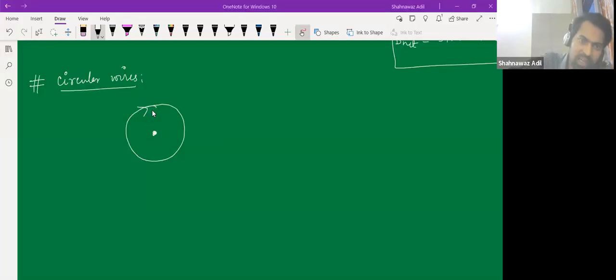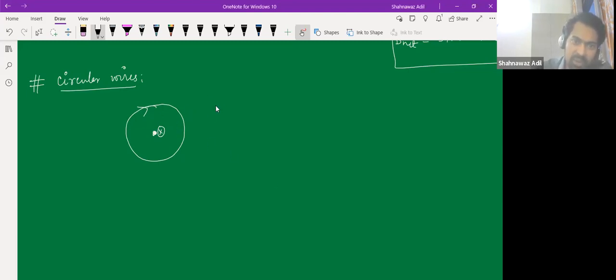But for the circular wire, we curl our fingers and whatever direction the thumb is pointing, that would be the direction of the magnetic field. For example, in this case, if we curl our fingers, the magnetic field would be inside at this point, right? And how much is that?